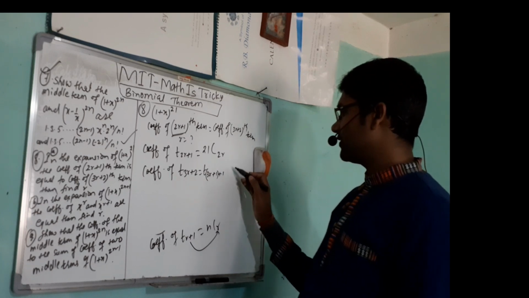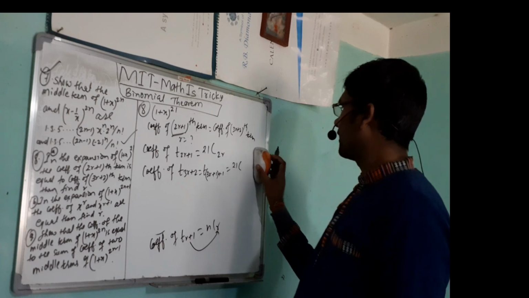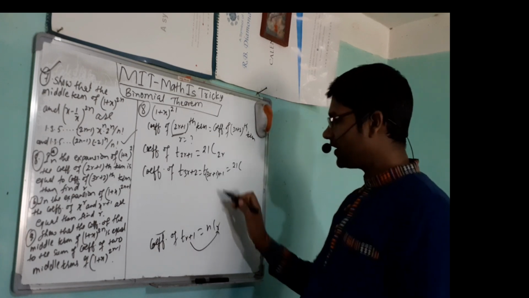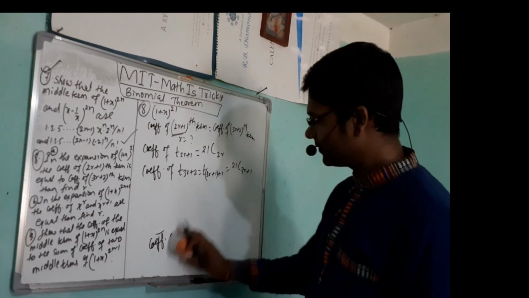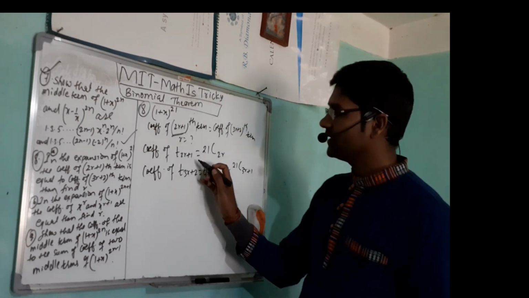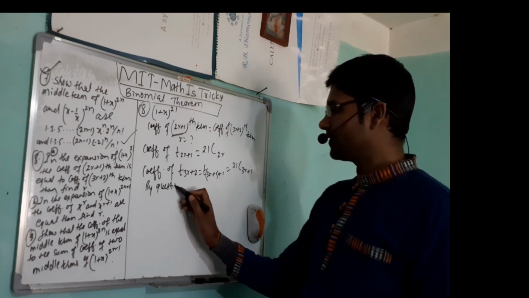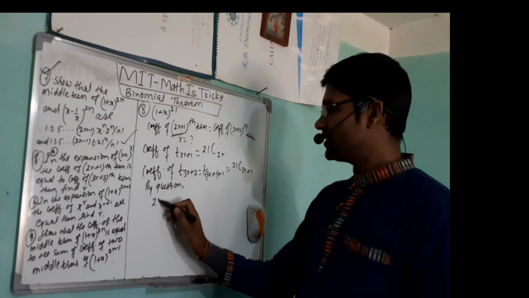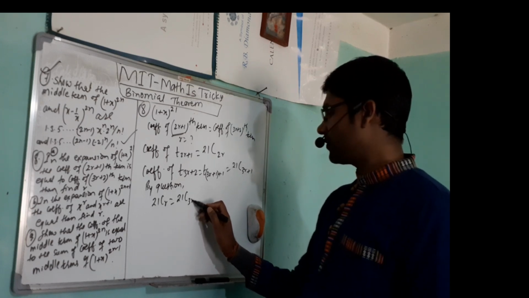So simply it will be 21C, and what will be the value of r? 3r plus 1. Now by the equation we are given that these two are equal. So we can write here 21C 2r equals 21C 3r plus 1.